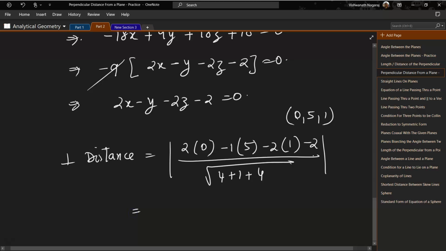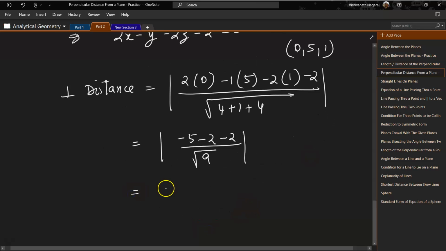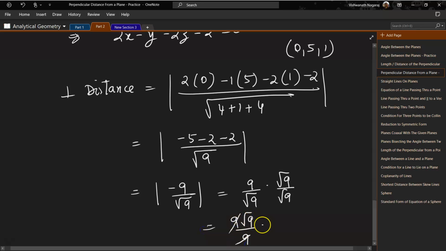Okay, now let's simplify: 0 minus 5 minus 2 minus 2 by square root of 9, which is equal to magnitude of minus 9 by root 9. That minus disappears if we take the absolute value. So 9 by root 9, root 9 by root 9. So that is 9 root 9 by 9, which is 3. I didn't have to follow this if we had just taken the root of 9 here itself.